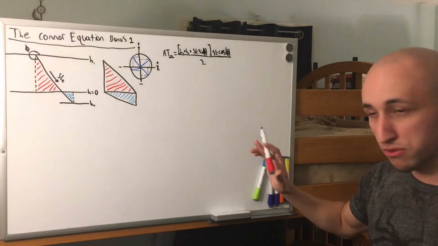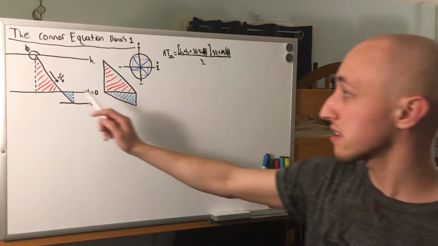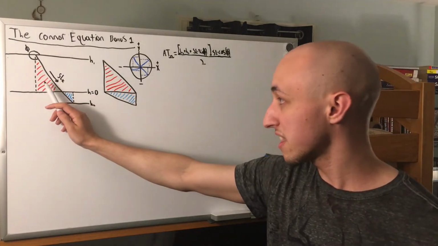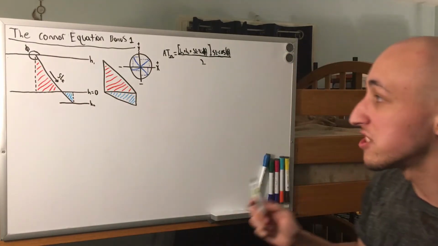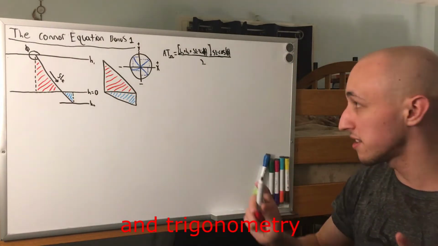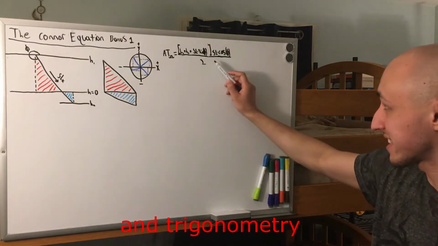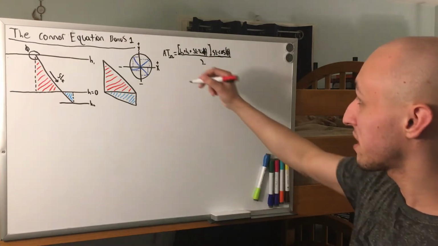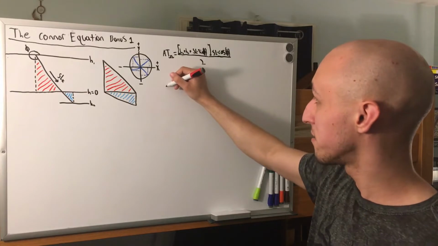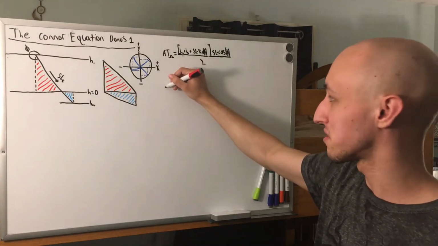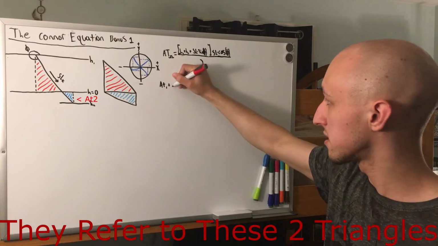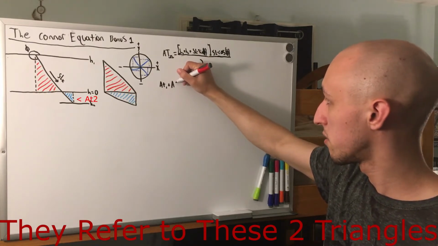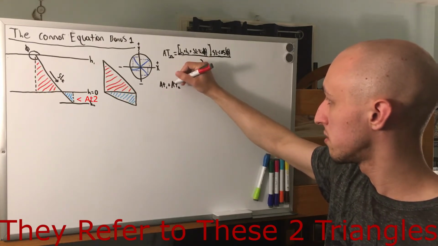But what I'm going to do is get the area of this and the area of this. I'm going to combine them, and sure enough, with some fancy algebra, we will get this. And first, we have our variables, our definitions. A lowercase t1 plus a lowercase t2.